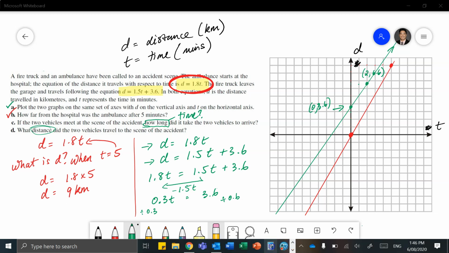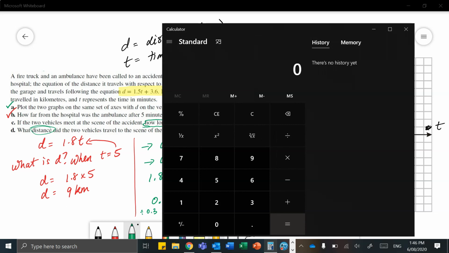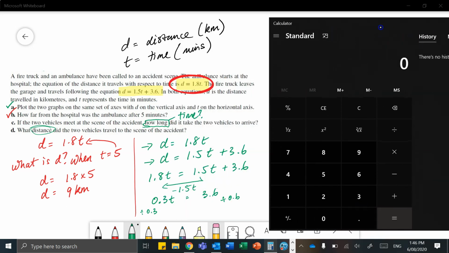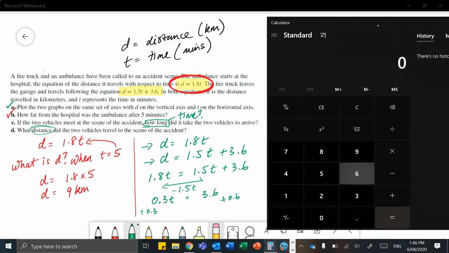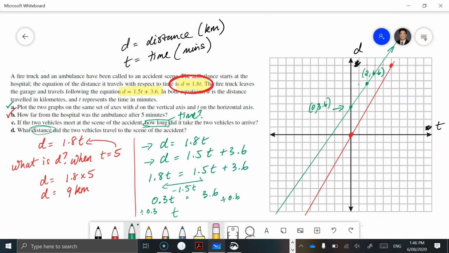And I'm happy for you to get a calculator out. So 3.6 divided by 0.3 is 12. Okay, so the time for them to both meet at the scene of the accident is 12 minutes.